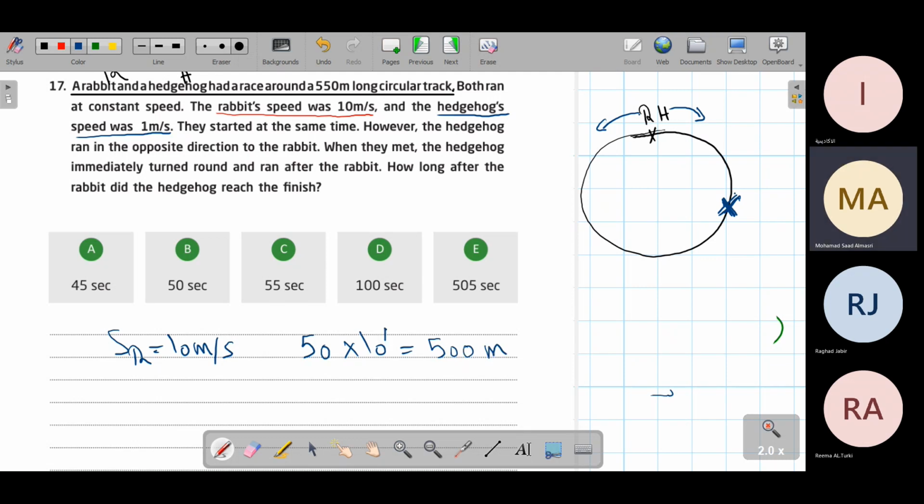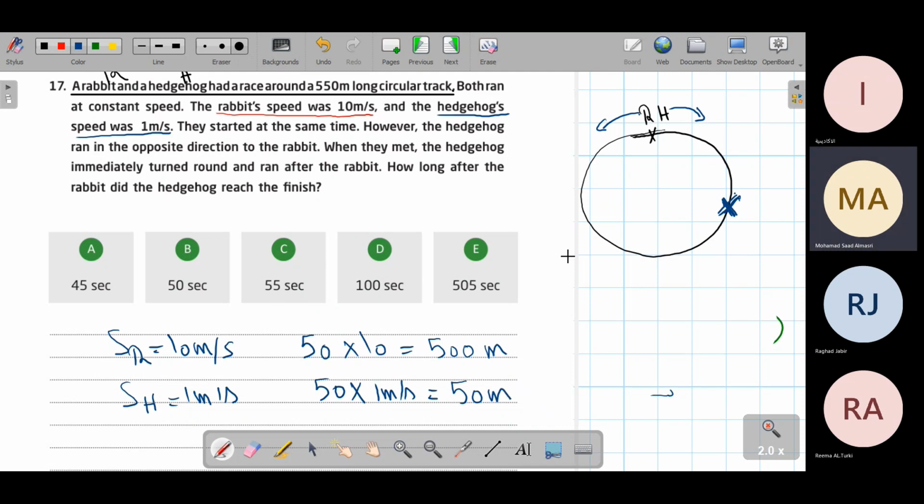Also for the same time, the speed of the hedgehog equals 1 meter per second, so 50 times 1 equals 50 meters.